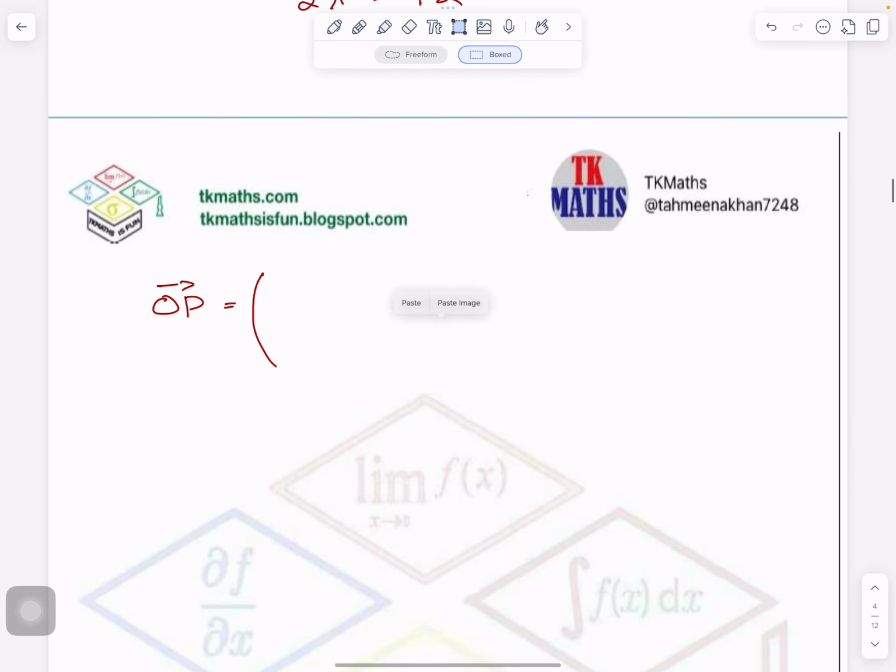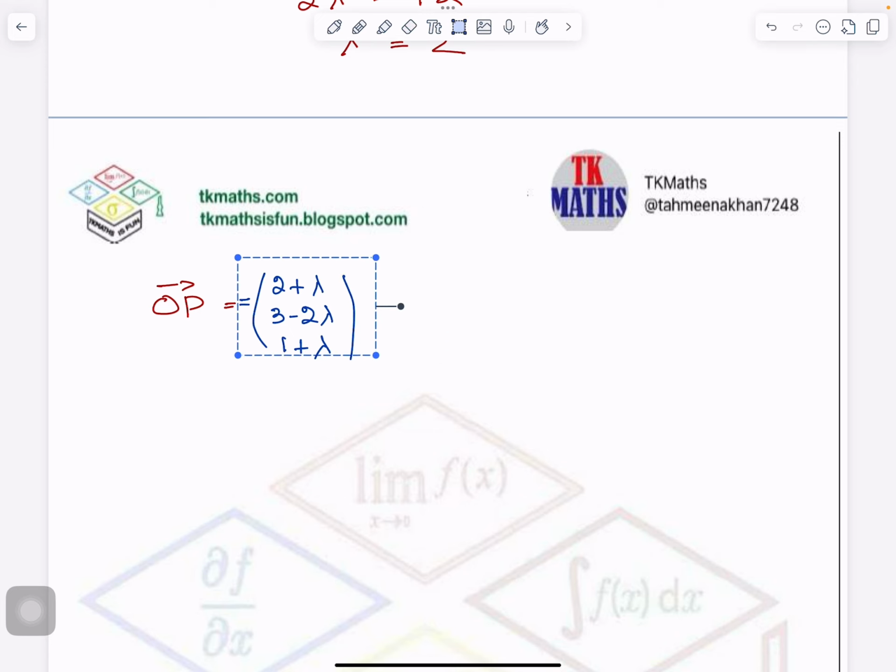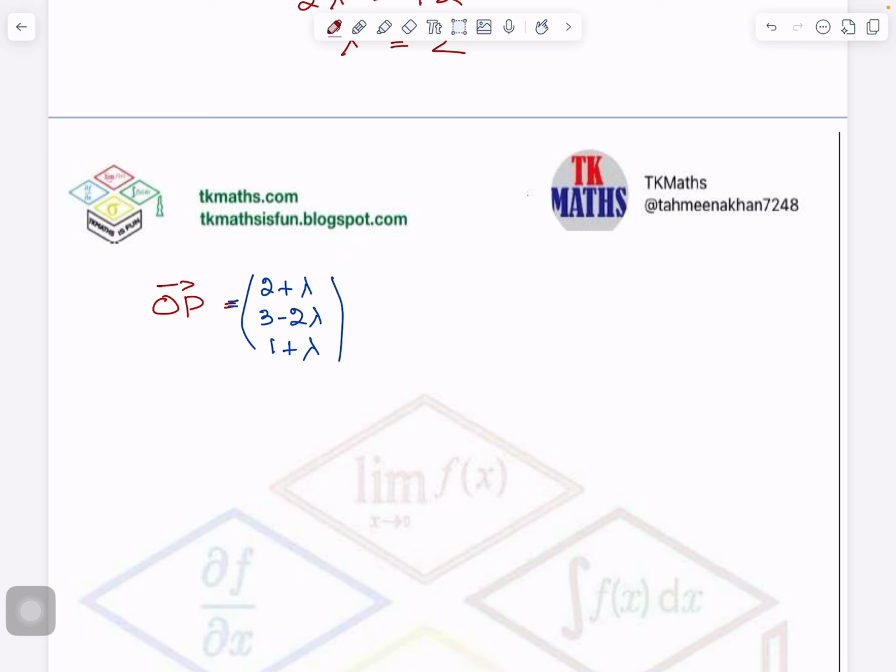Okay, so this is my OP. In this OP, I will substitute the value of lambda, which was 6, right? So lambda equals 6. So OP will become 2 plus 6, 3 minus 2 times 6, 1 plus 6.